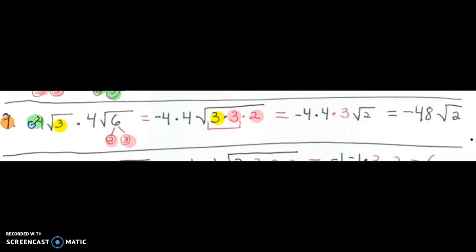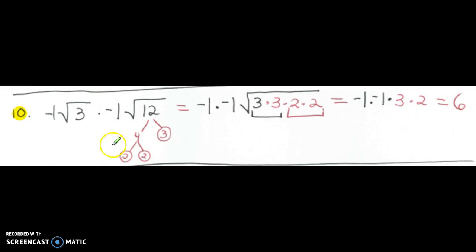Negative 4 and 4 are not under the radical, so they stay outside of the radical. That's where these came from. So I'm going to go ahead and take out a set of 3's. That's where this 3 came from. And I'm going to multiply them all together. That's how I got this answer.